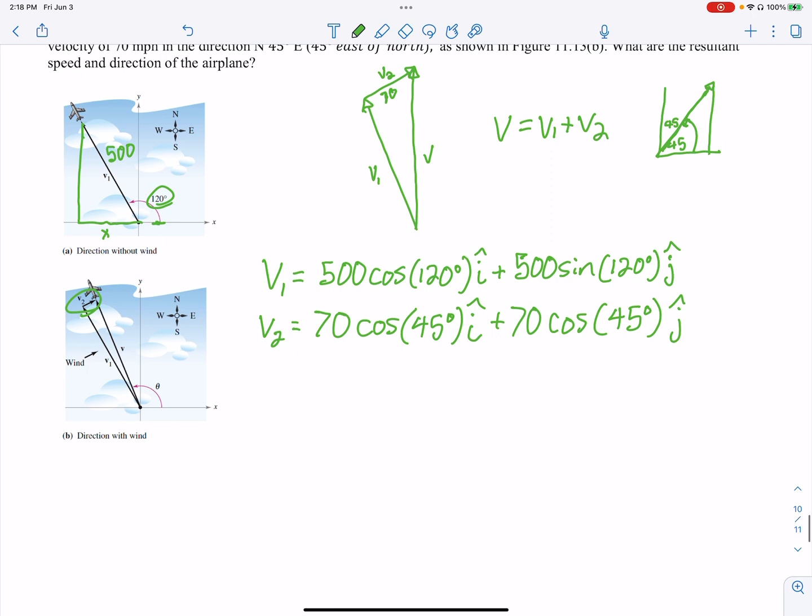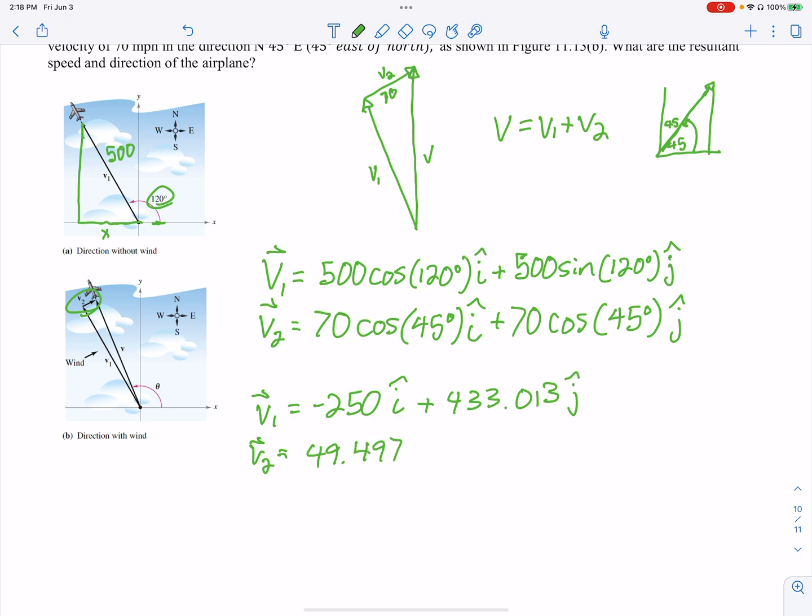All right, working these out, V1, I should be really putting arrows over these. V1 is negative 250 i plus 433.013 j. V2, plugging that in the calculator, we get 49.497 i plus 49.497 j.